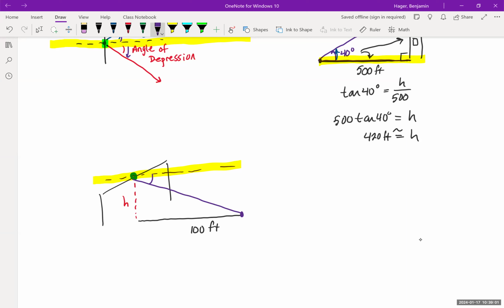All right, so let's say that angle of depression, and I'm going to erase the bridge because that's confusing the picture, was 20 degrees. Well, I need to know what some of these angles inside the triangle are. Depending on how comfortable you feel with some geometry, this angle and this angle are actually alternate interior angles.